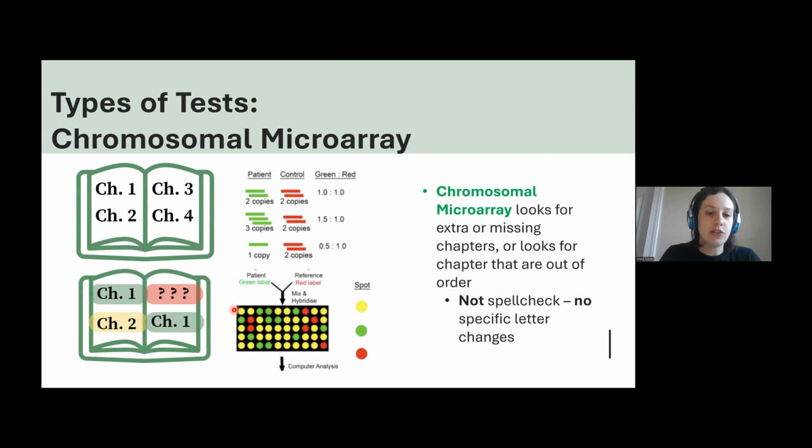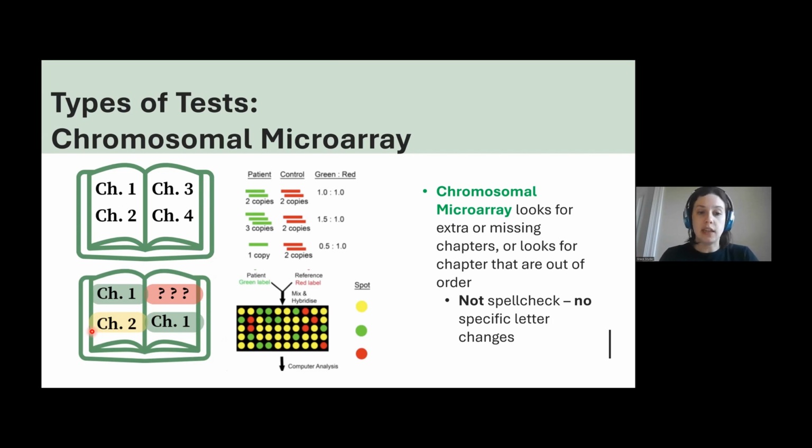It's just to help illustrate that when we're looking for things, this test is very visual, it's very color coded. And these are the actual colors that scientists see as results on this test. So like I said, chapter 1 here is duplicated, so that's going to show up as green on the test. Chapter 2 in this example looks typical, like what we would expect. It's not duplicated, it's not missing.